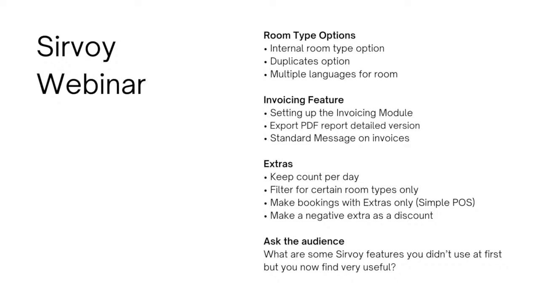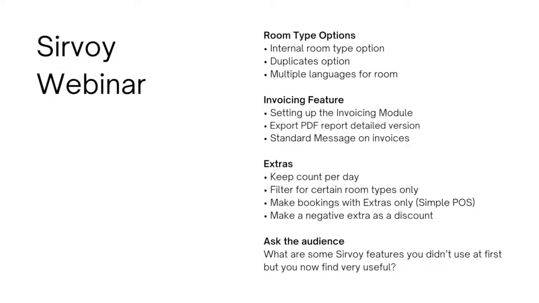And then we also have the extras feature, and I'm sure that many of you are using the extras feature for having an add-on breakfast or a roll-away bed or other things. But there are some extra features or extra functionality with the extras option that we'll get into today. For example, you can keep count of extras per day, have extras only appear for certain room types, and you can even have bookings that are extras only.